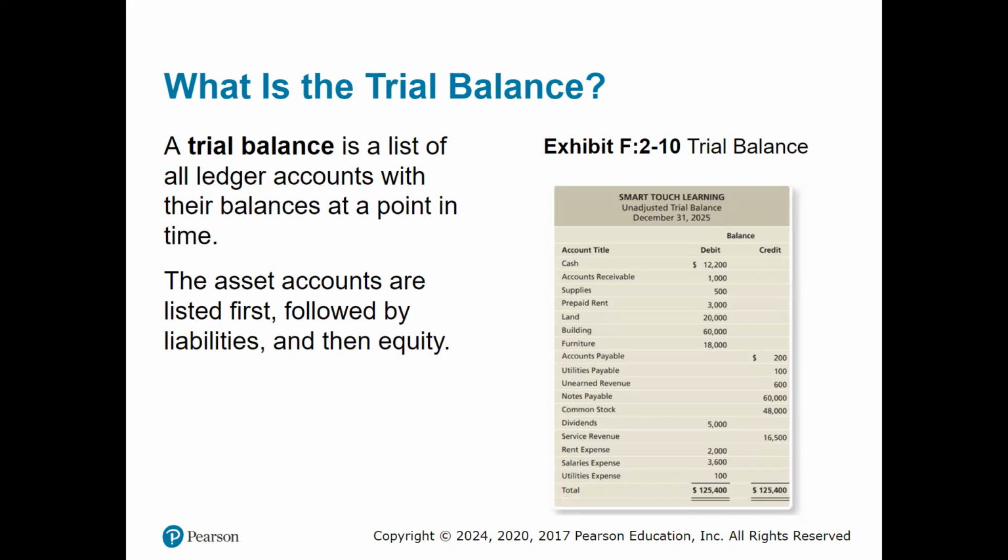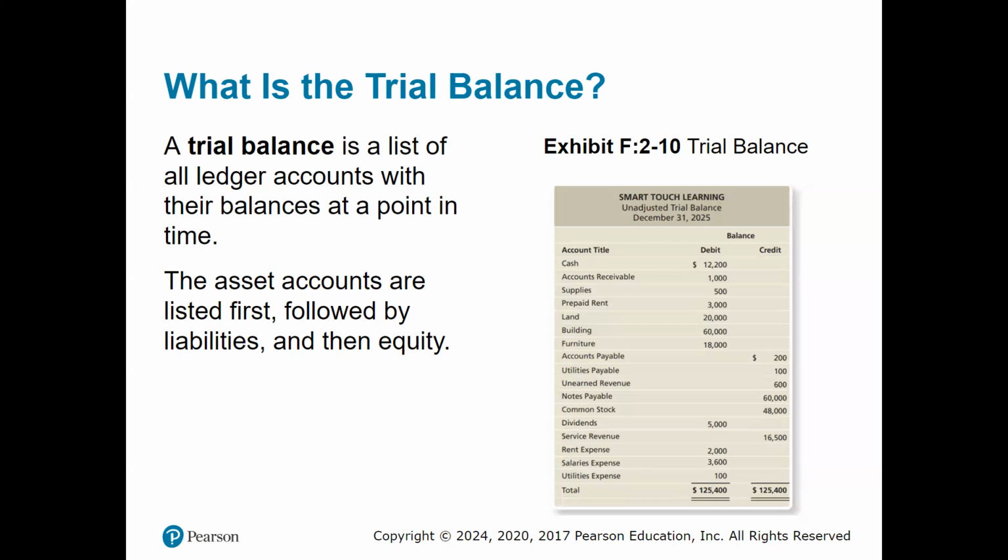And if they're not, then it means that there's probably one entry that was made into your T account backwards, or maybe more than one. And so before you could do anything else, you'd have to go back and figure out where you entered something in error and then correct it so that you have a trial balance that actually balances.